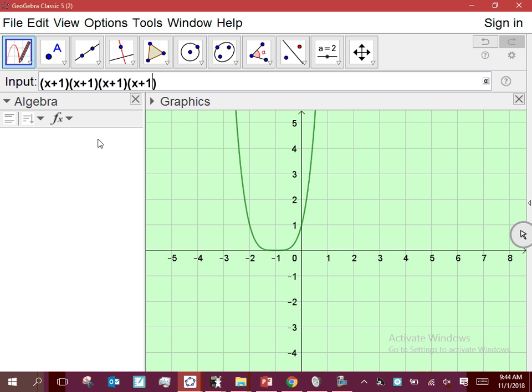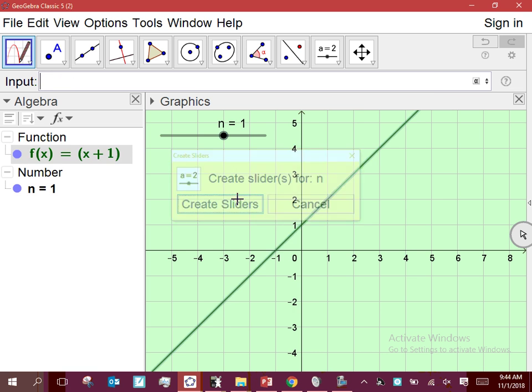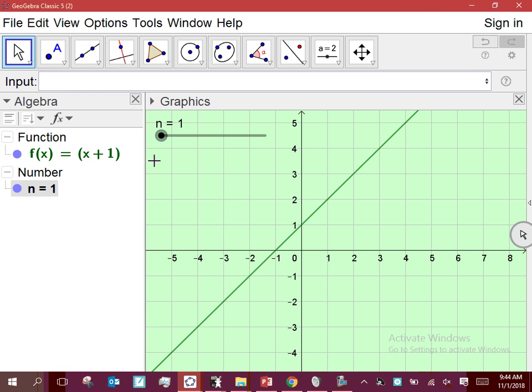Okay. Now here's my question. What are you going to see? Let's say I raise this to the nth power. And let's just change n from 1 to 12. Okay? So this exponent right here is 1, right?